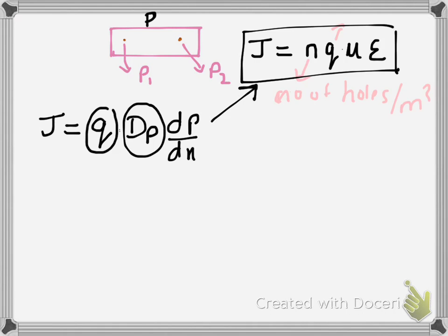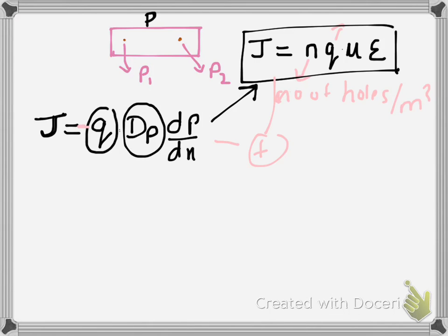So in this case, conventionally, the diffusion current density of p-type holes is considered as negative, so it will be minus Q dP by dx. If I sum these two equations, what will I get?